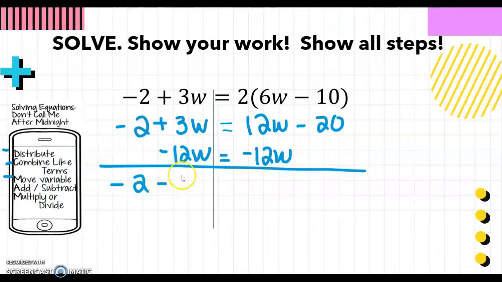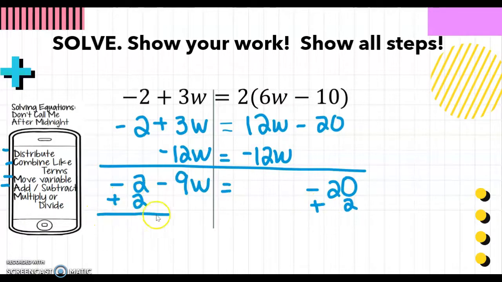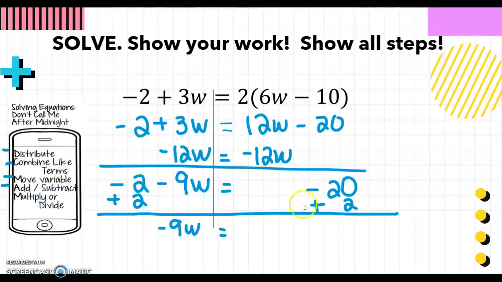I end up with minus 9w equals a negative 20. Be careful with all these negatives. Then I have to move this constant. I'm undoing this negative 2 by adding 2 to both sides. This will zero out, and so I almost have achieved my goal of isolating the variable. I have negative 9w equals a negative 18.